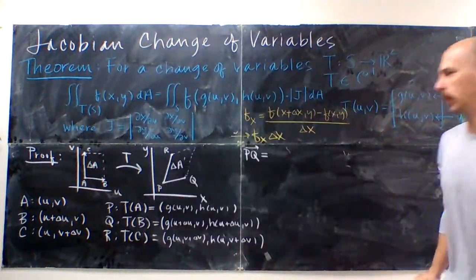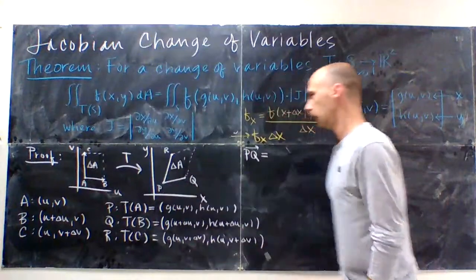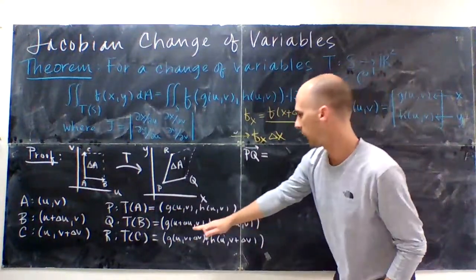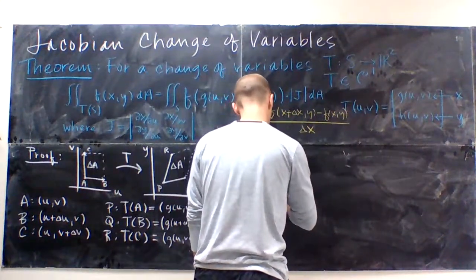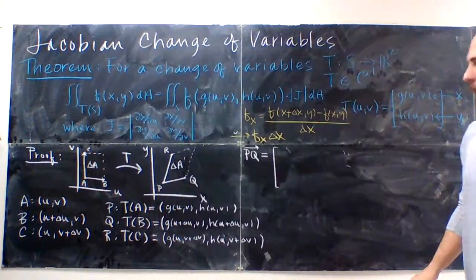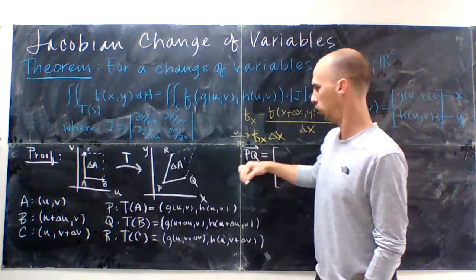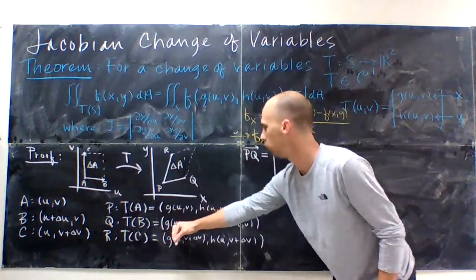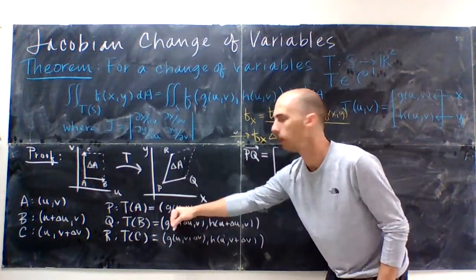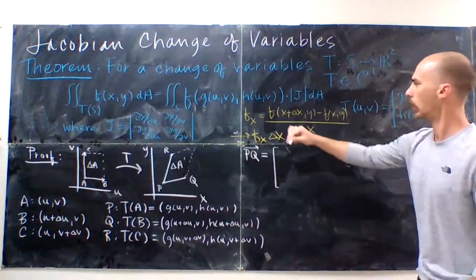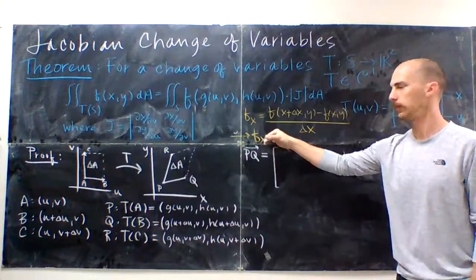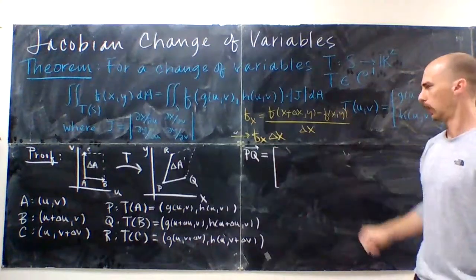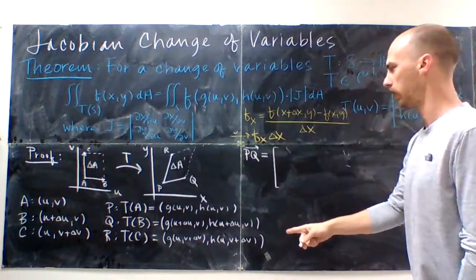PQ is really Q minus P, and I'm going to write this one vertically. In the x coordinate of Q minus P, I'm going to have G of U plus delta U and V minus G of U and V. Well, that's the partial derivative of G with respect to U times delta U. Maybe I'll do this one once.